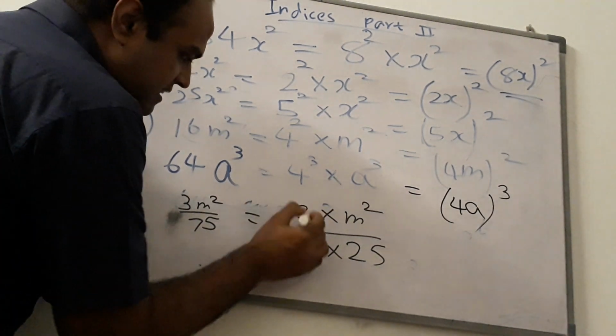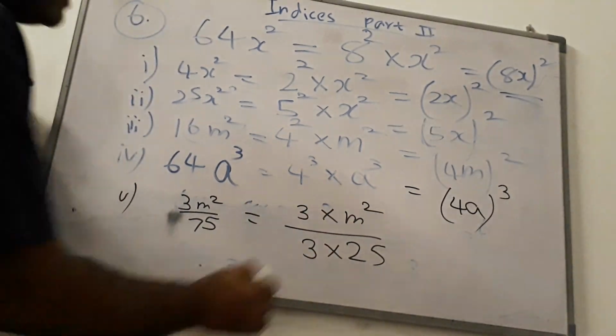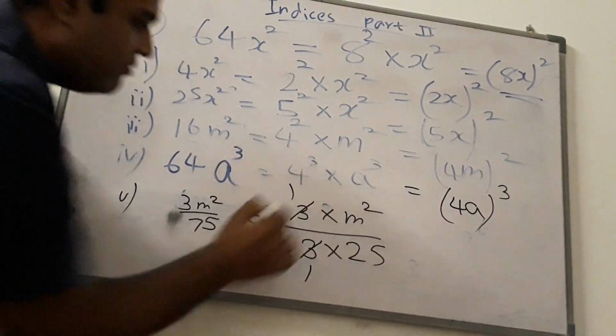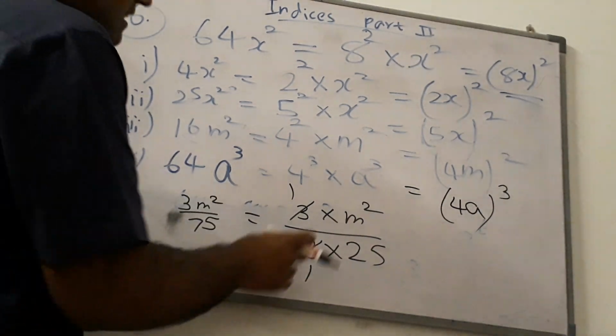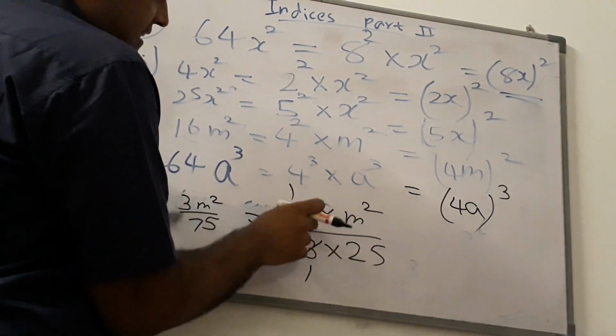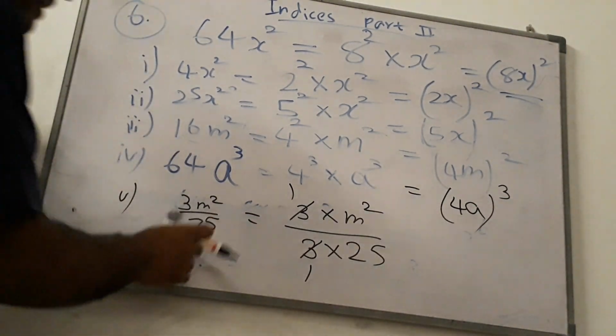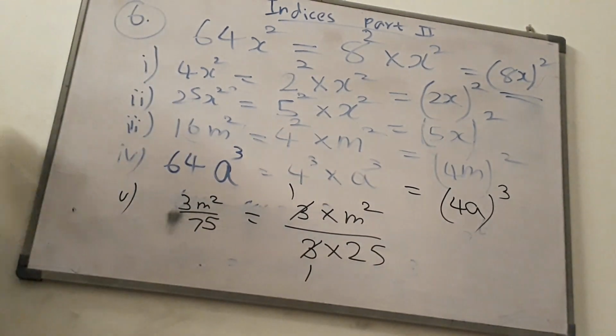Now I am going to cancel 3 with a 3. I taught you simplification during my previous session, so I am not going to take much time explaining it. The numerator has 3 and m squared, and 75 is a product of 3 and 25.